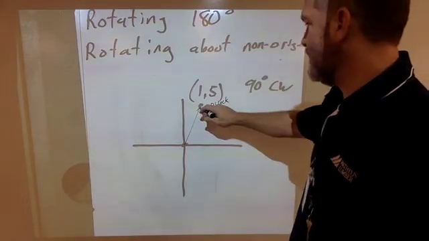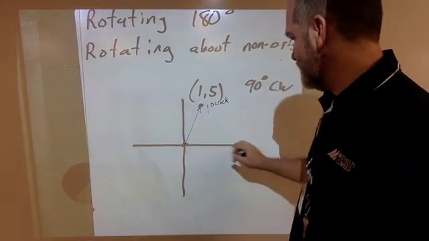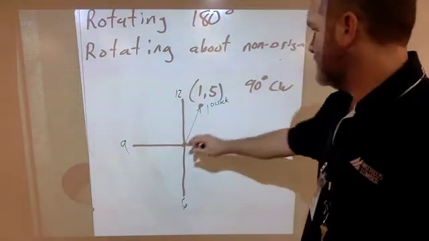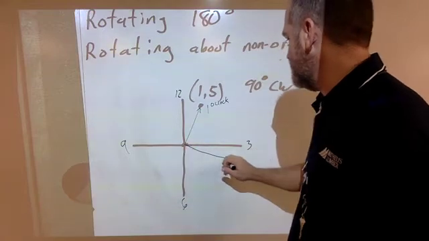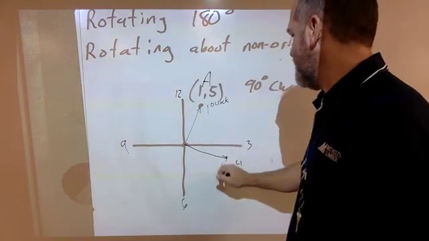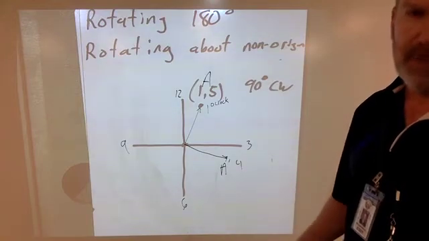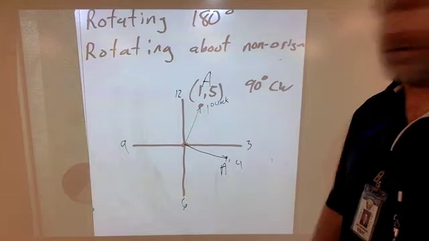So what's 3 hours past 1 o'clock? 4 o'clock, so you'd be a little bit below. This would be your 3 o'clock, 6 o'clock, 9 o'clock, 12 o'clock. So if you're pointing at 1 o'clock, you'd end up down here somewhere around 4 o'clock. So we'll call this A. A prime is going to be somewhere over in here. Okay, but we need to know exactly where over in there.